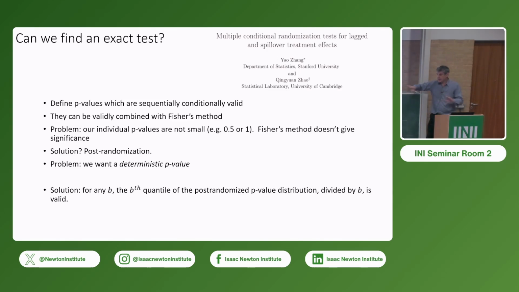Because we're randomizing out of a small number of discrete possibilities, and none of these things are really conditionally rare. So if we take conservative p-values, they're never going to be really small. They might be 0.2, but they're never going to be individually less than 0.05.